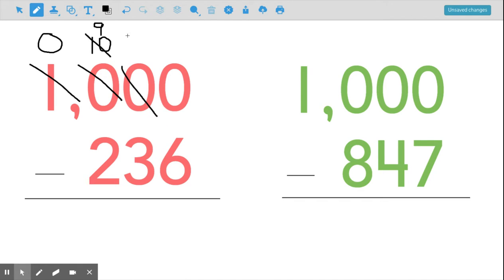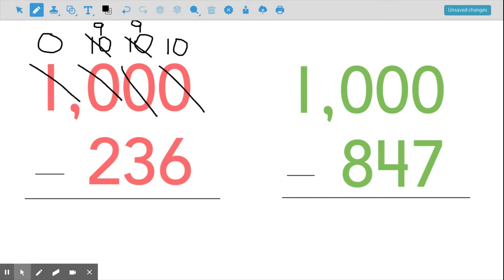And that means that my tens column gets to now be a 10. Now that solves my issue because my ones column needs to borrow from the next door neighbor. So I'm going to borrow again, making that a 9, and finally making my ones column a 10.